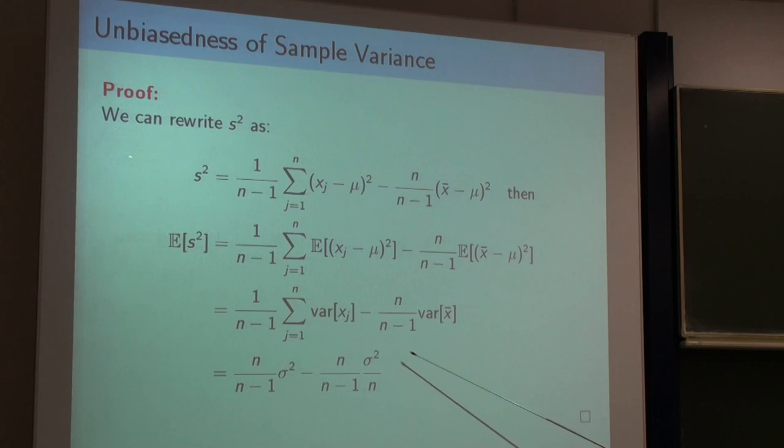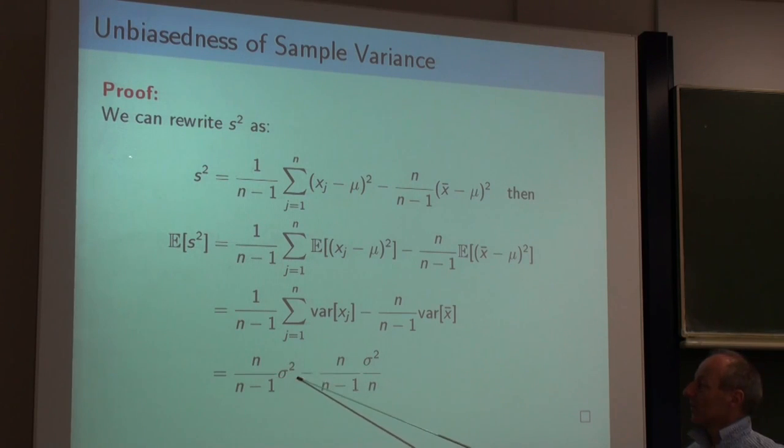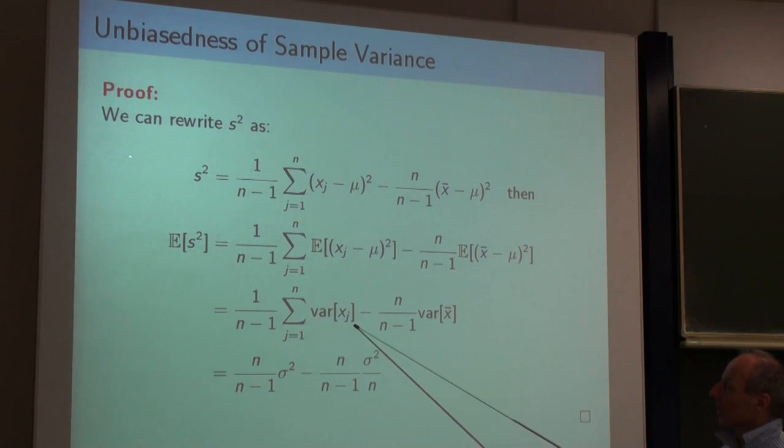So the variance for all these variables is the same. We can just take this constant value of the variance, which is sigma squared, and we get n times sigma squared. That's what we get here.